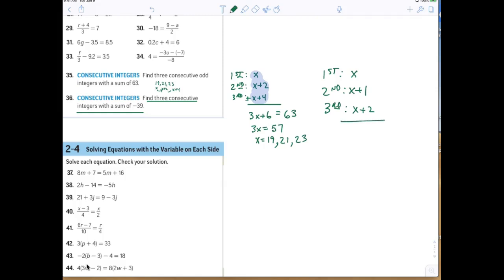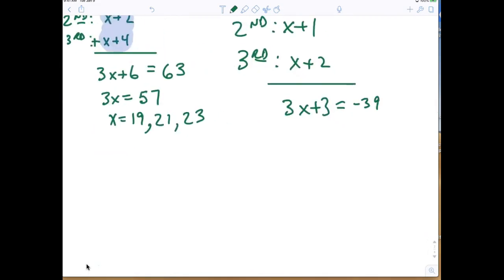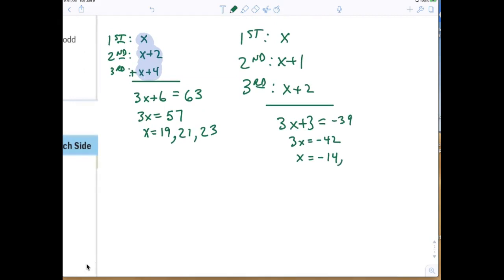Now, what am I doing with those numbers? 3x plus 3 equals how much? Negative 39. Then 3x equals negative 42. Negative 14. All right, so the three numbers will be, and here's where most people make a mistake, negative 14, then negative 13, negative 12.